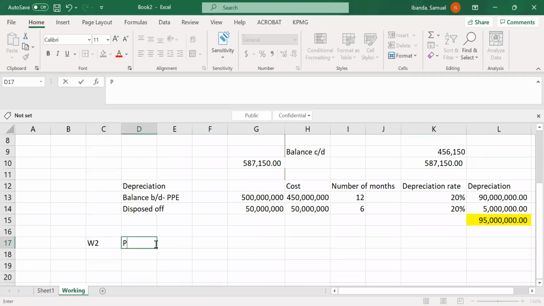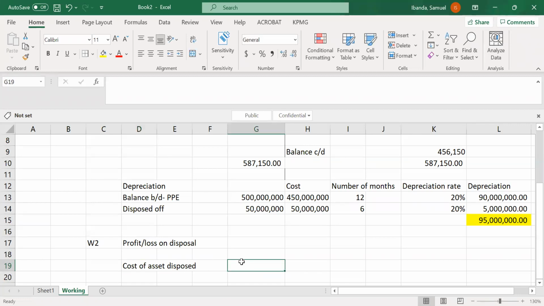So I'll say profit or loss on disposal. So the cost of asset disposed is 50 million.